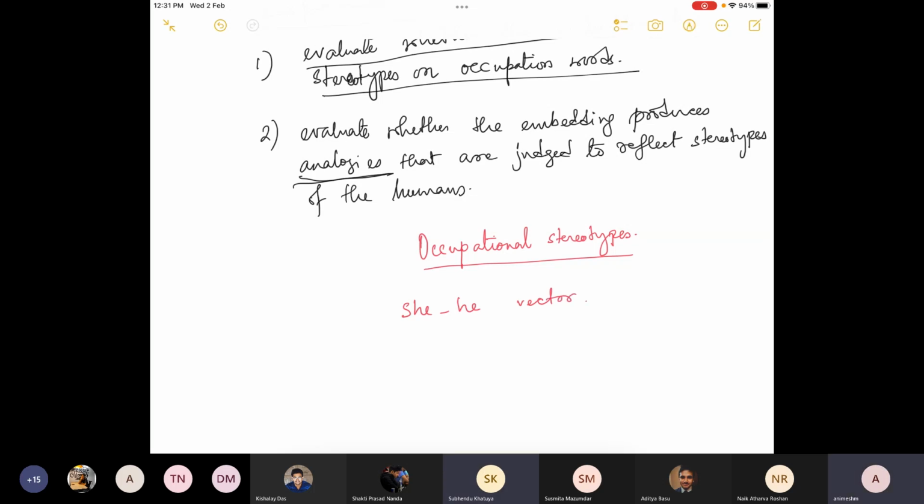Okay, they took the she, he vector in order to find the occupational stereotype. Okay, they used the she, he vector, and we will see what exactly they did.